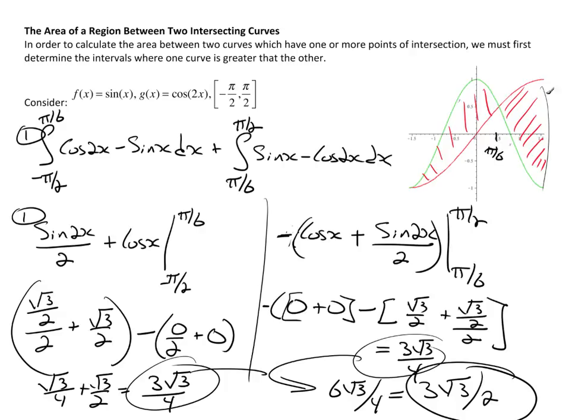And the reason I say net is because all this down here is going to be negative. This is going to be a negative contribution. Up here is going to be a positive contribution, and up here is going to be a positive contribution. So the total, the net area, is a positive value. It's positive 3 root 3 over 2.